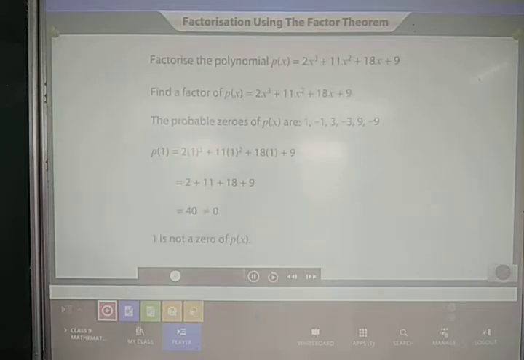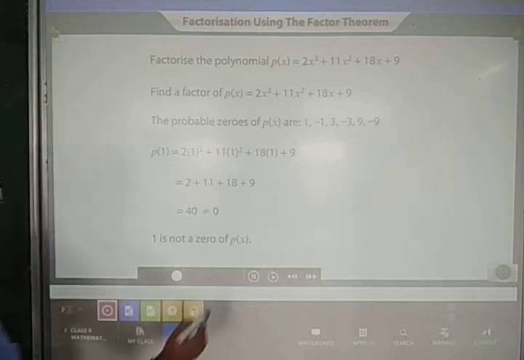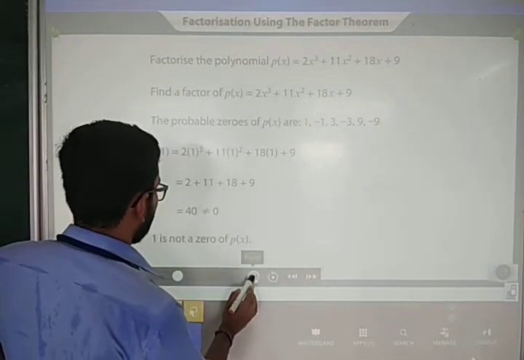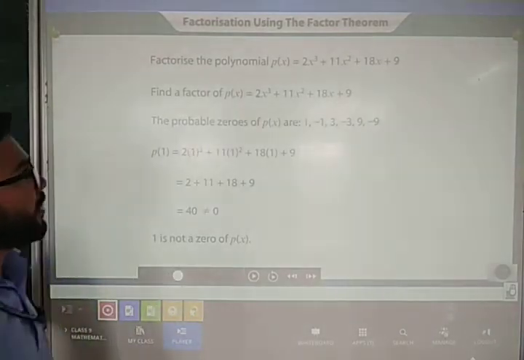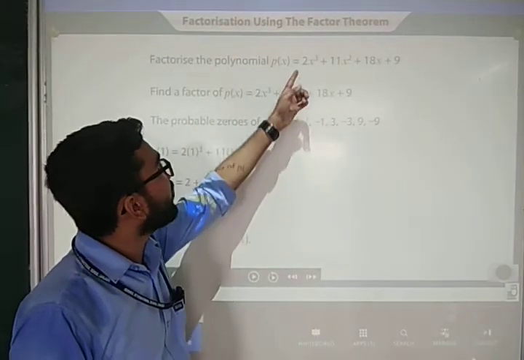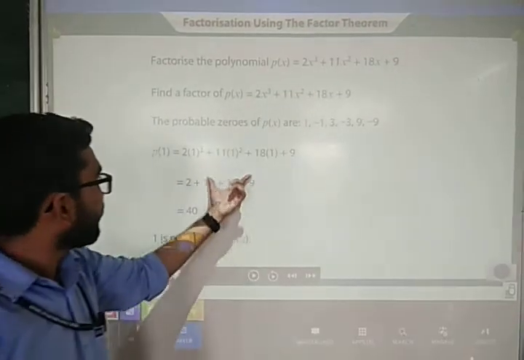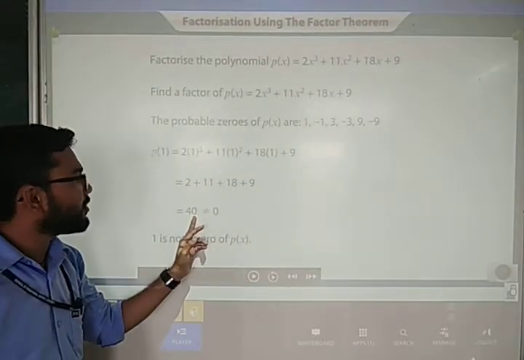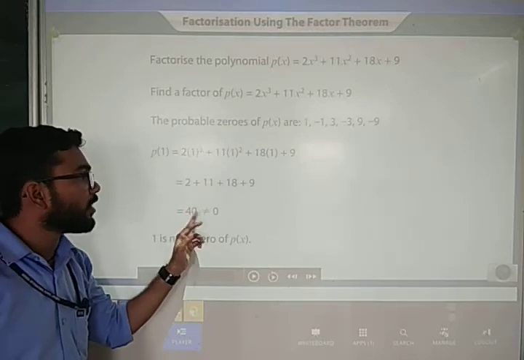Since the value of the polynomial p(x) is not 0, x equal to 1 cannot be a zero. Here, if we replace x by 1, we get the value 40, which is not equal to 0.